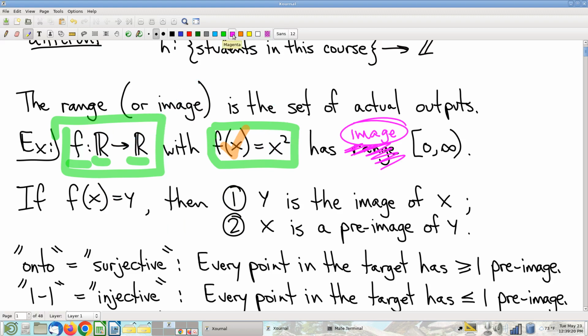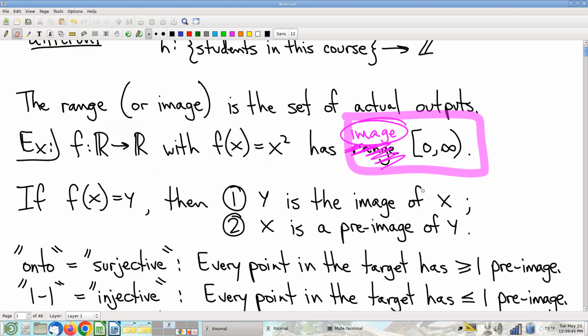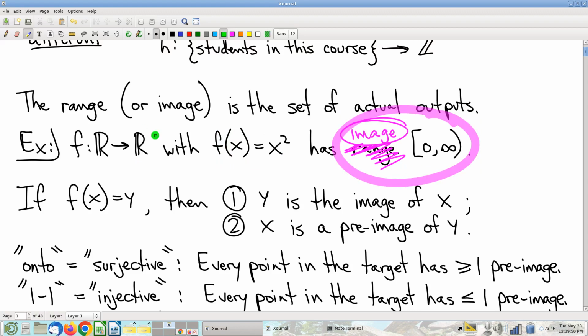What are the actual outputs sitting inside of here? What are the actual real numbers that are squares of other real numbers? Well, just the non-negative ones. Right? -3 is not the square of any real number. Okay. All right. So, as previously noted, notice that the image and the target are not the same thing.